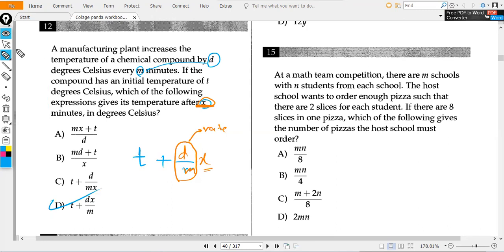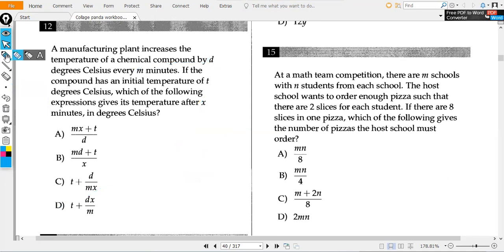Any question? Sir, can you repeat it? Okay. Let's replace the variables with numbers. If I tell you 10 degrees per minute, every minute, and the number of minutes is 5, how many degrees will it increase? 10 degrees per minute, and we have 5 minutes. 50, right?